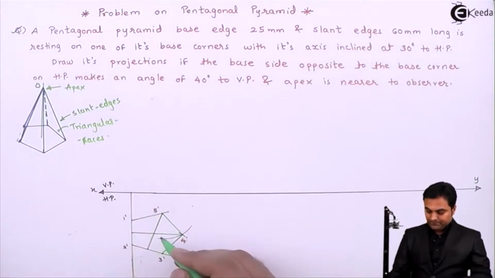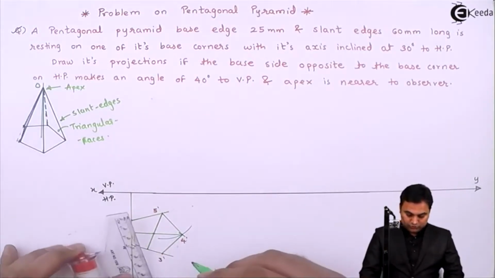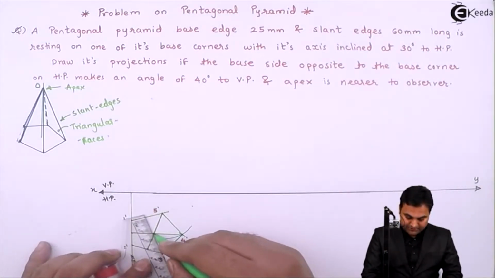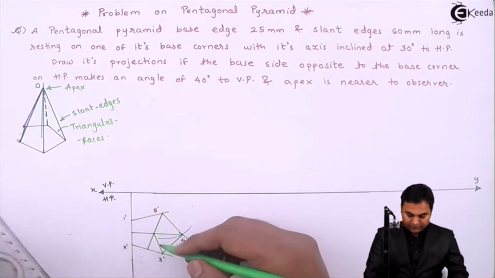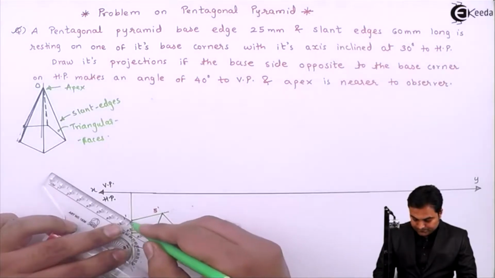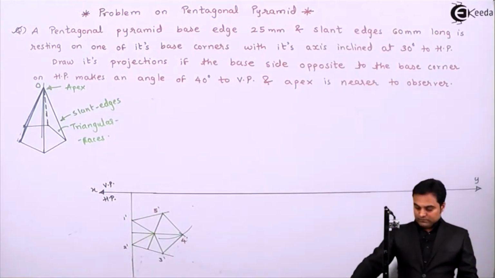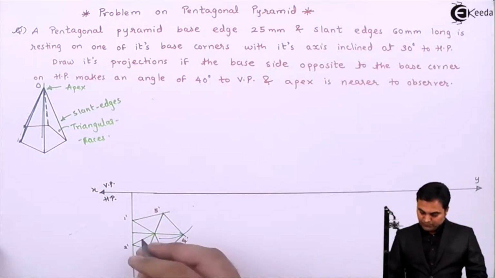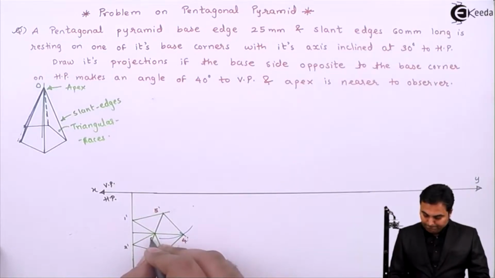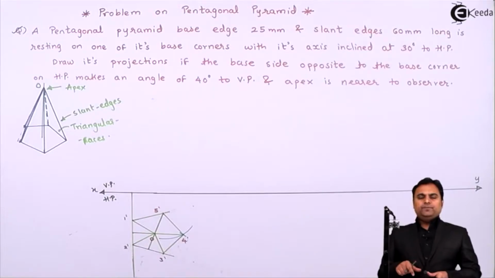And here I am getting their intersection. This is the apex. So joining all the corners at the apex will give me the triangular faces of the pyramid. Next, after getting this apex, which is point O, this is the top view of the pentagonal pyramid.